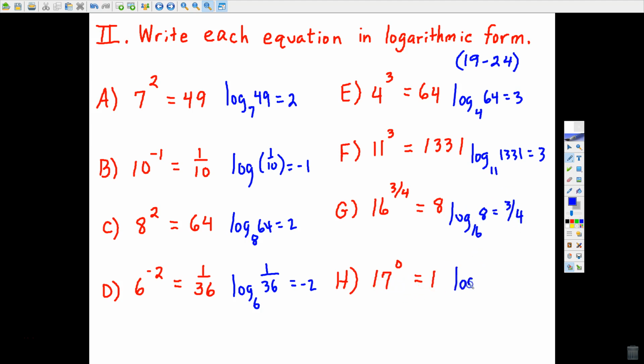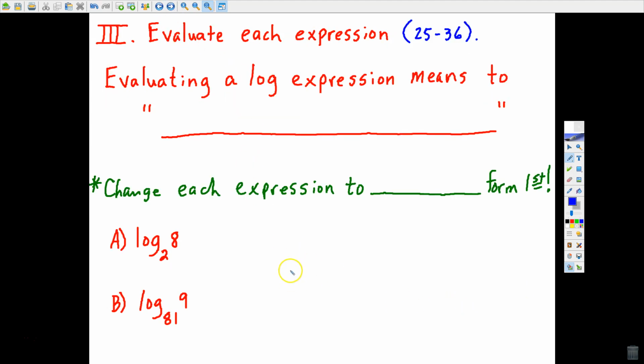And here we have log base 17 of 1 equals the exponent 0. So we've converted the other way. We took exponential equations and we wrote them as log equations. Okay, and then finally, the last part of your assignment will involve this little exercise, and your instructions simply say to evaluate each expression.